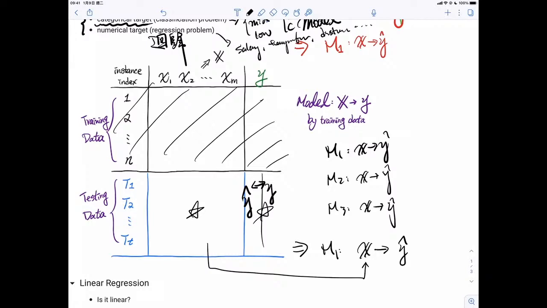Of course there are certain methods that help you to do such a comparison, and we'll talk about them later. So for M1, M2, and M3, you have Y hat 1, Y hat 2, Y hat 3.